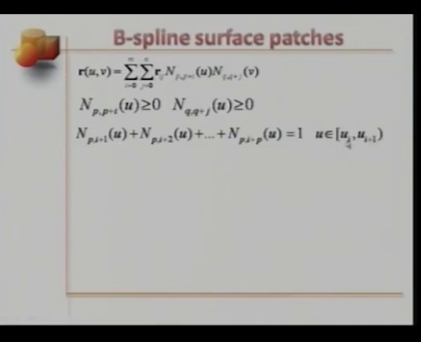These are the knots in the parametric value U. Likewise, q of these order q basis spline functions will also sum to 1. That is, N_{q,j+1} of V plus N_{q,j+2} of V up till N_{q,j+q} of V is equal to 1 for values of V in between v_j and v_{j+1}. Again, these are the knots in the parameter value V.